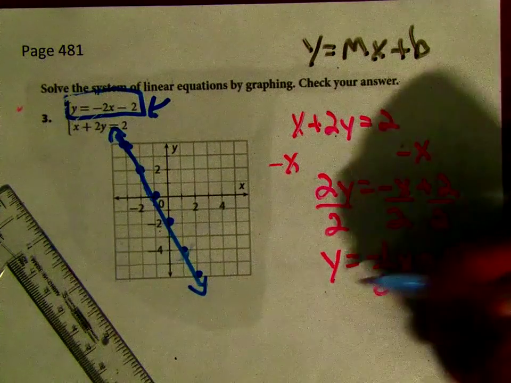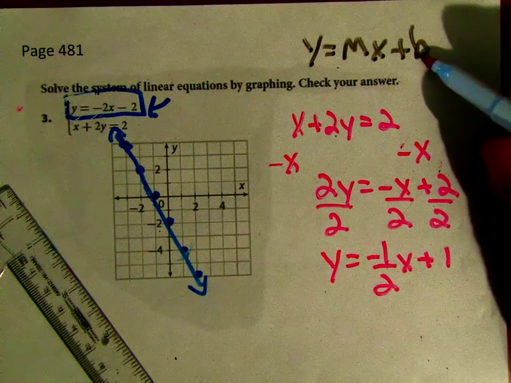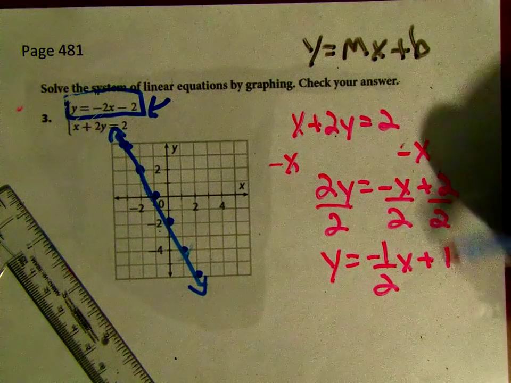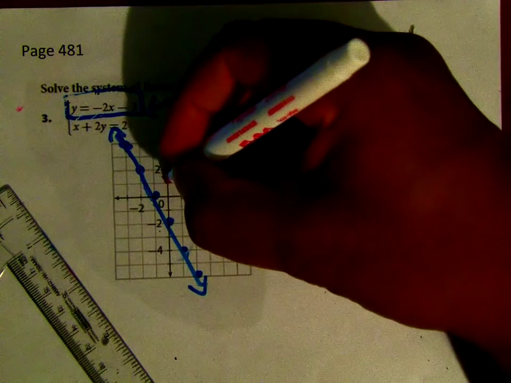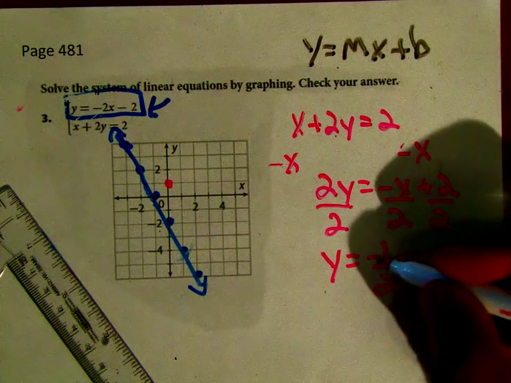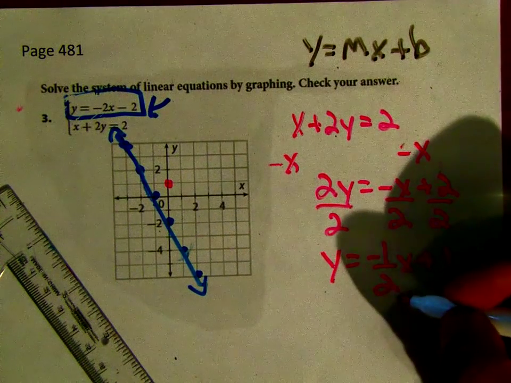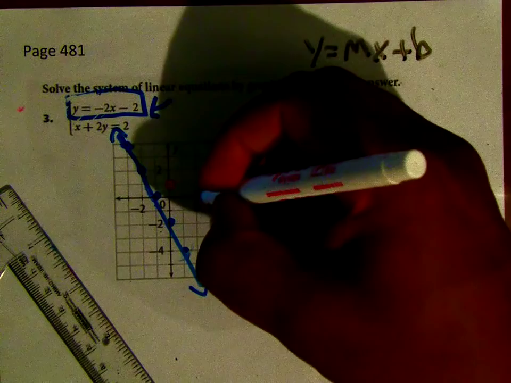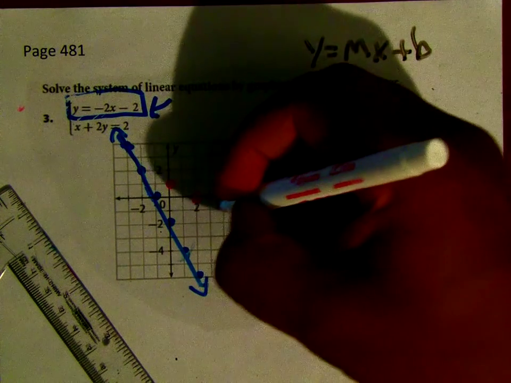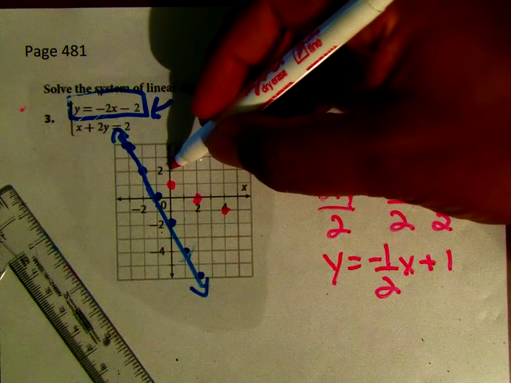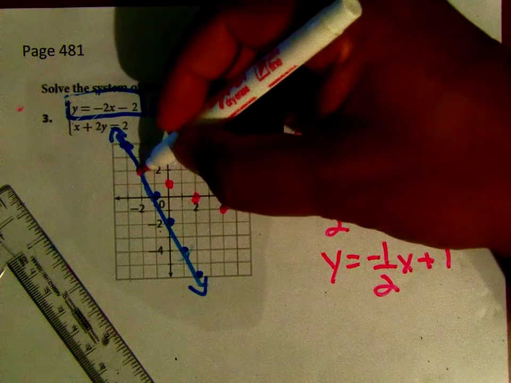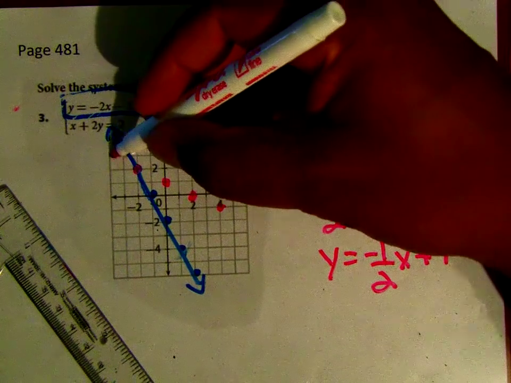So now I'm going to graph this one. It begins at 1, and we're going to move -1 over 2. So it begins here, and since it's -1 and then to the right 2, I go down 1 and over 2. I could also go up 1 and to the left 2.